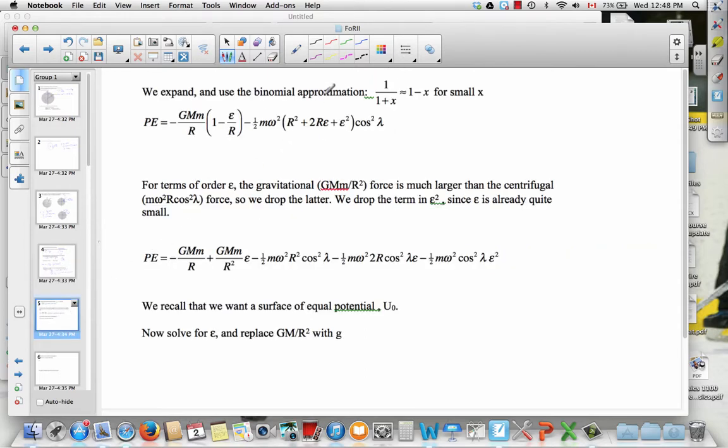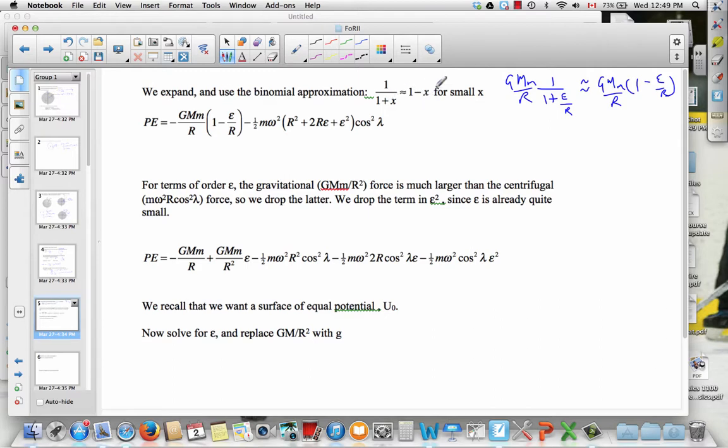Now, the binomial expansion tells us that 1 over 1 plus x is approximately 1 minus x. So where we had GMm over R, and we had this term in 1 plus epsilon over R, we're going to say that's approximately GMm over R times 1 minus epsilon over R. And so it's no longer in the denominator.